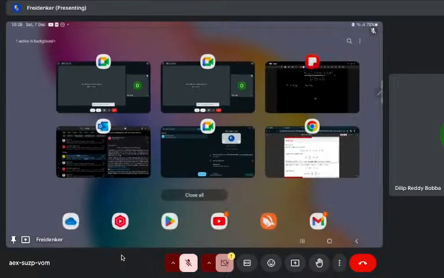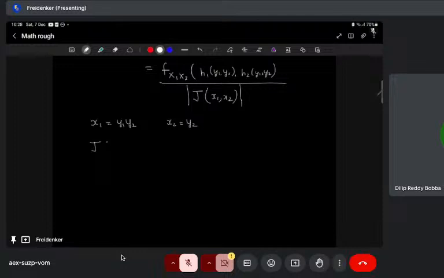Fine. So this person wants to find the Jacobian with respect to y1 y2. So we are differentiating with respect to y1 y2. So first you will differentiate with respect to y1, and then you will differentiate, taking partial derivatives with respect to y2.